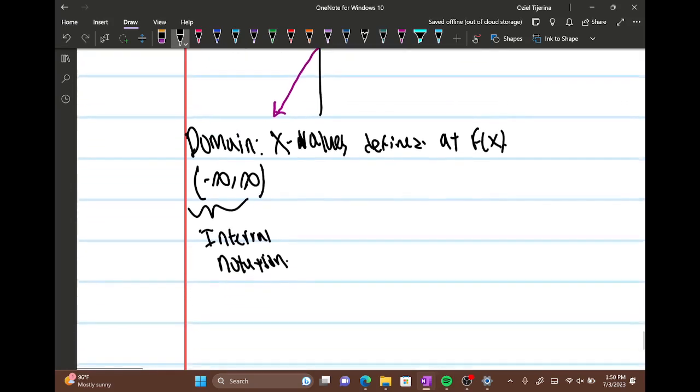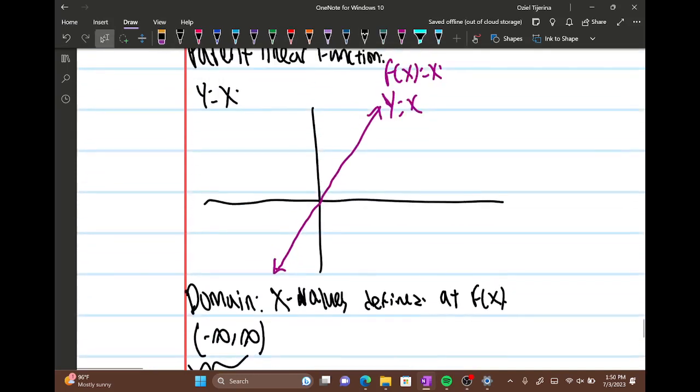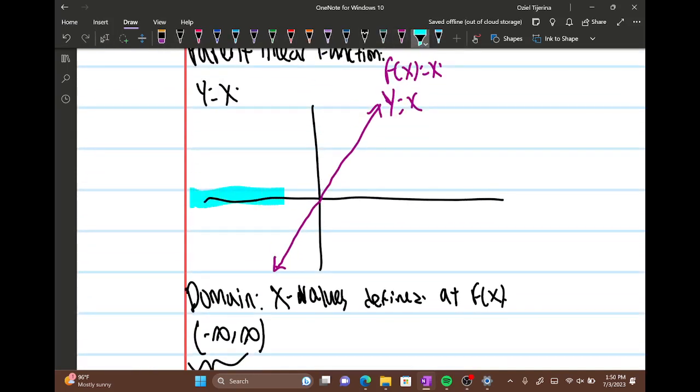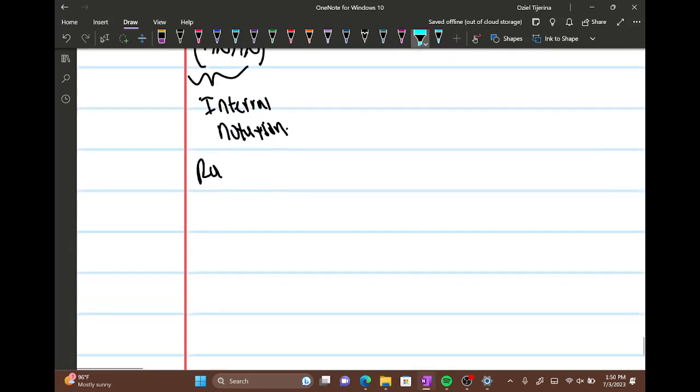And as well as the range. So for the domain, like I said, we go forever on the x-axis. There are no undefined values or restrictions there. For the range, it is the same thing. So anytime, guys, I want to make this very clear: in any linear function, the domain and range are always all real numbers because there are no restrictions whatsoever.